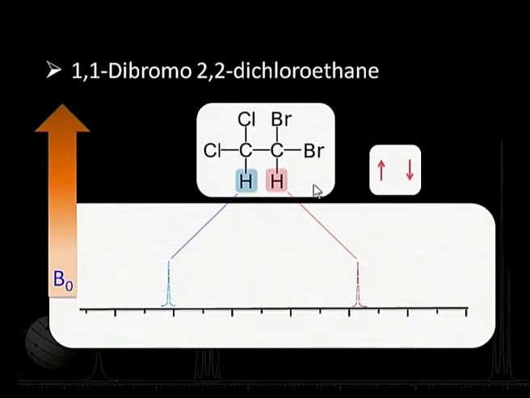Now, when I am trying to look at the shift position of this proton, the neighboring proton is either aligned with or against the field. If it is aligned with the field, this proton is experiencing more field. That means the signal will come at the low field side, because I need a lesser applied field for resonance, since the field is being augmented from here.